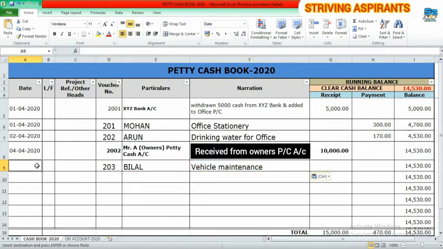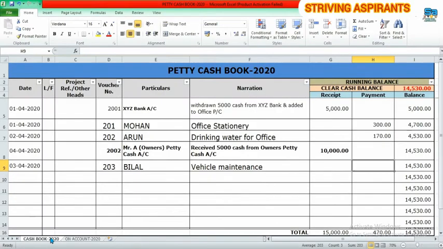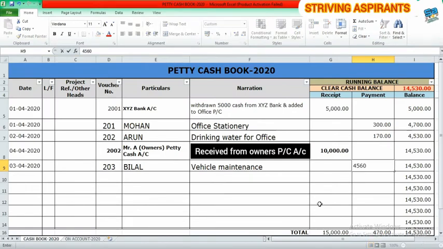Now we can see the formulas in the own account. We can see the on account clear balance is 0 because everything is closed.